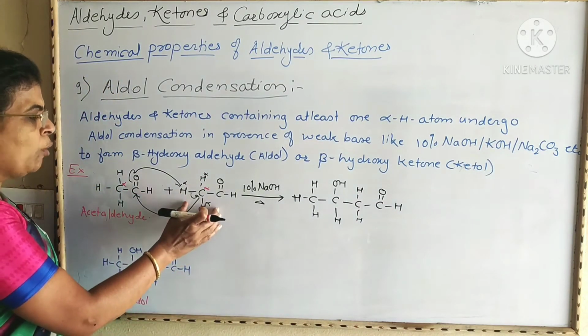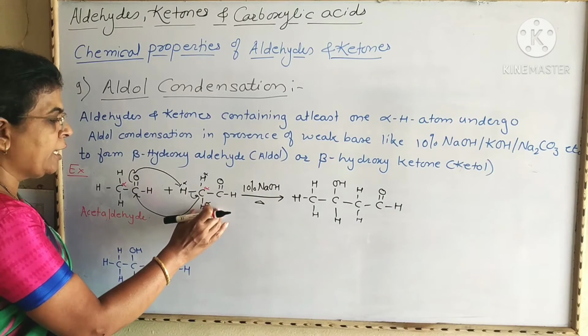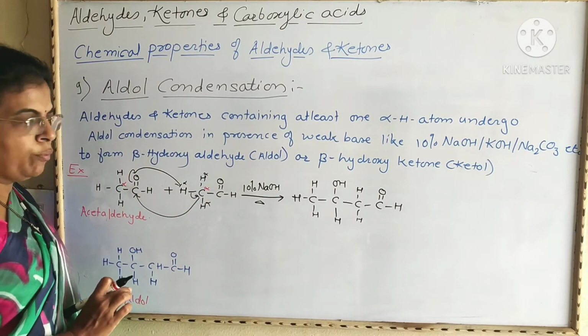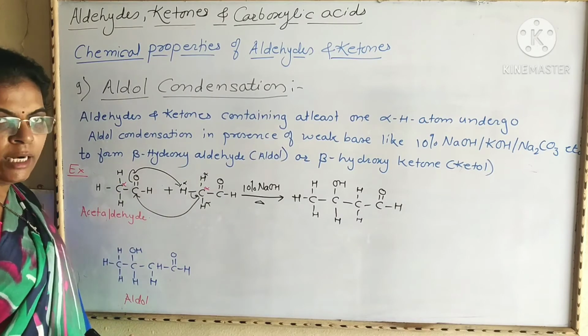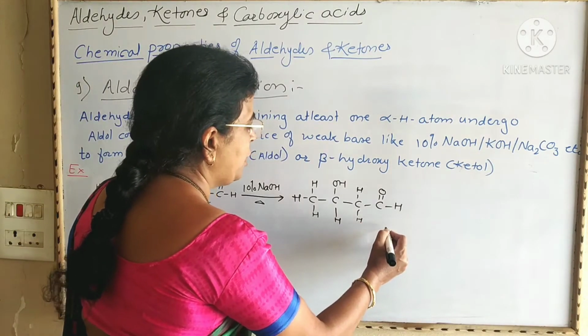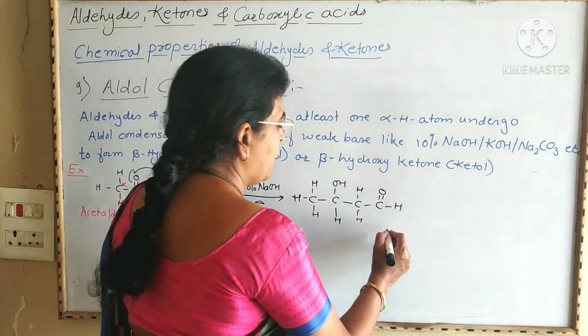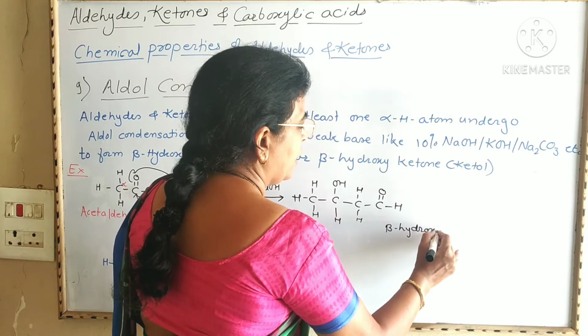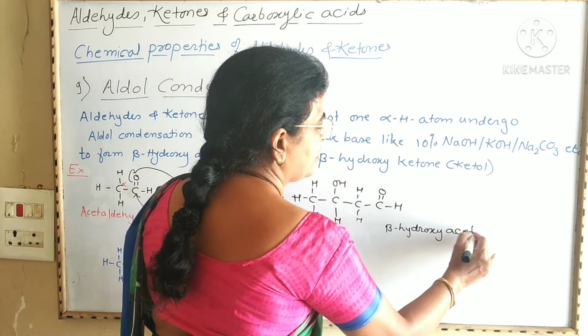That is, addition of this acetaldehyde molecule takes place across the carbonyl group of the first acetaldehyde molecule to form aldol. This compound is beta hydroxyaldehyde or beta hydroxyacetaldehyde.